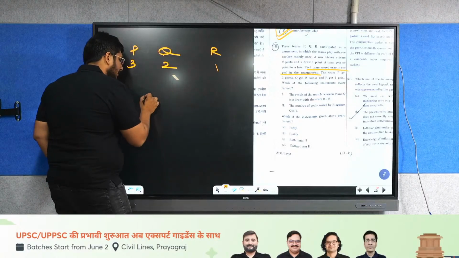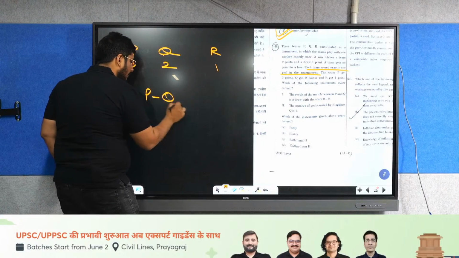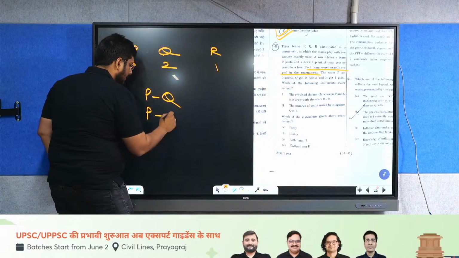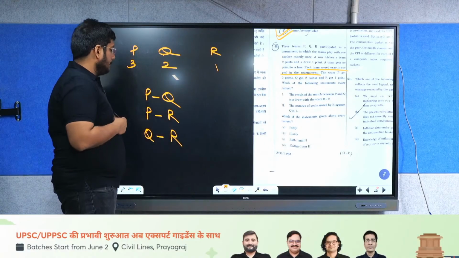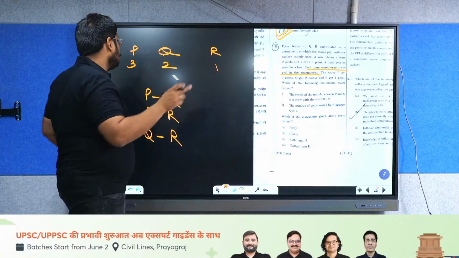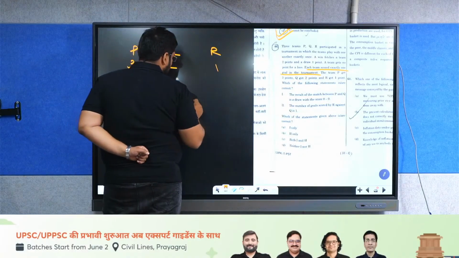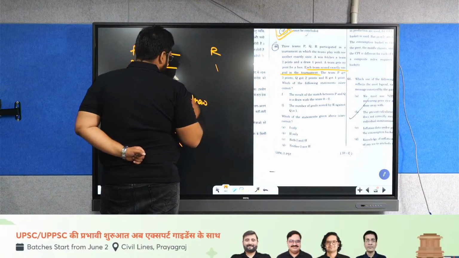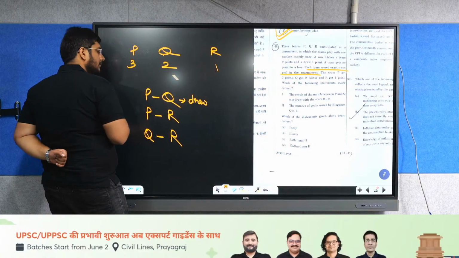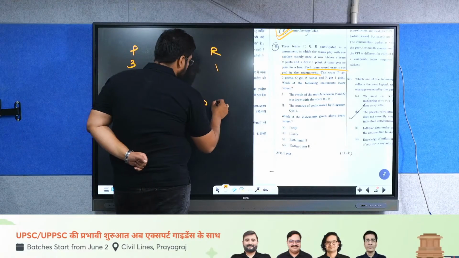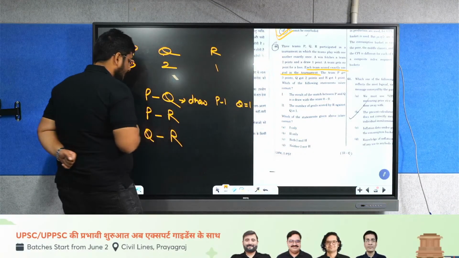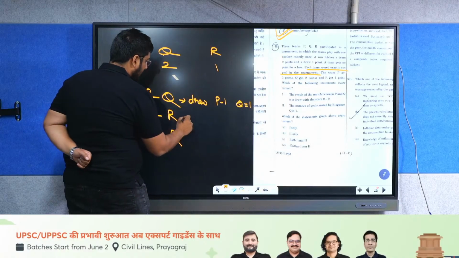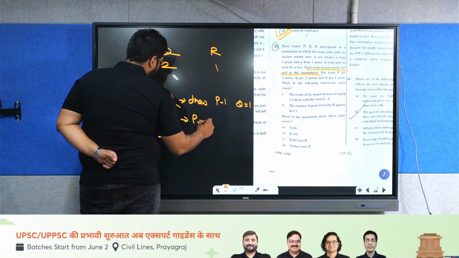Three matches are played between P and Q, P and R, Q and R. Correct? Q scored 2 points. Let this match be a draw. That means both scored, P got 1 point, Q got 1 point. Between P and R, P wins.